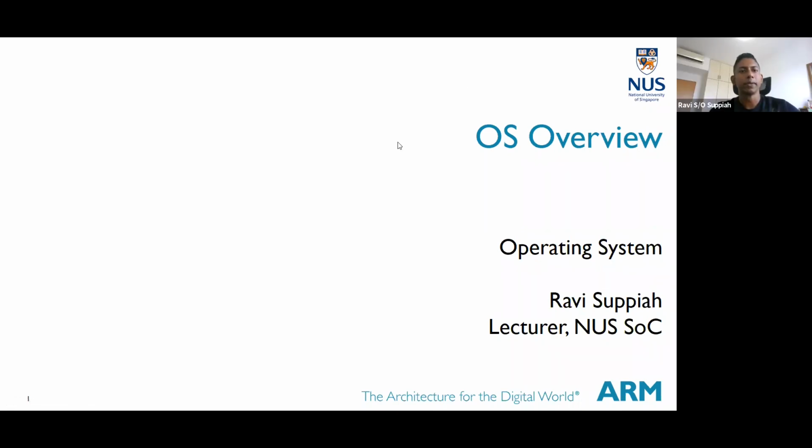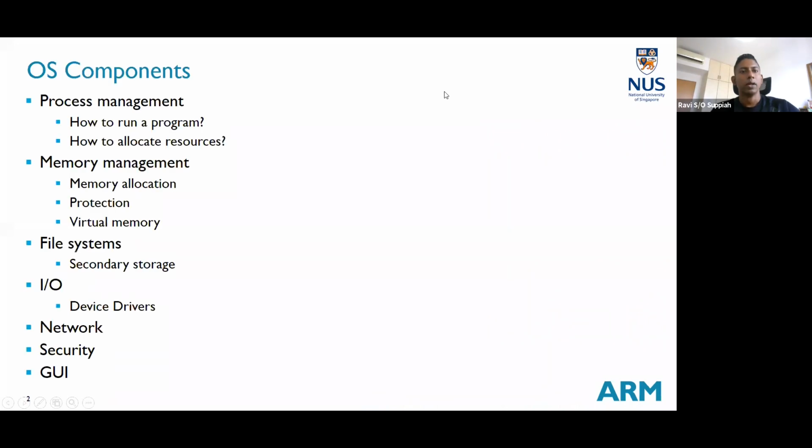Let's get started with the OS overview, to get an idea of what OS is all about. When you talk about an OS or operating system, there are several aspects to an OS that must be fulfilled for the whole system to be running smoothly.